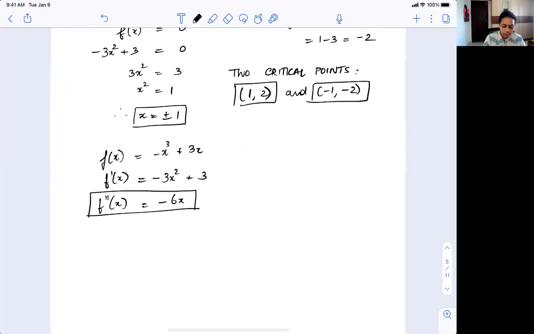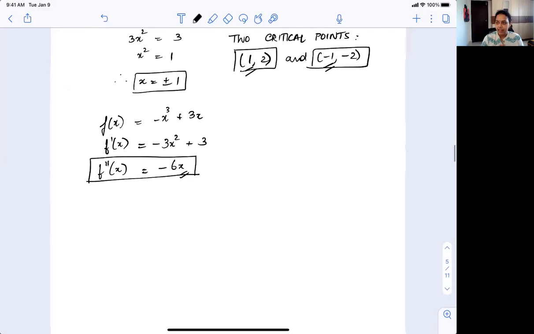Now, we need to find out the sign of f double prime of x, whether it's greater than 0 or less than 0, for the x values pertaining to each of our critical points. x is 1 and x is minus 1.